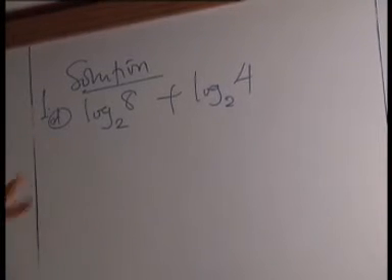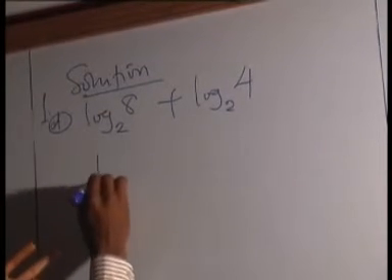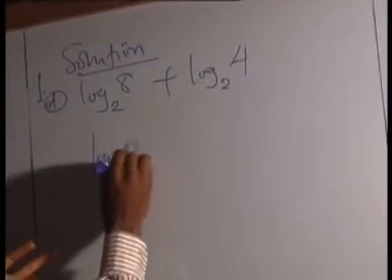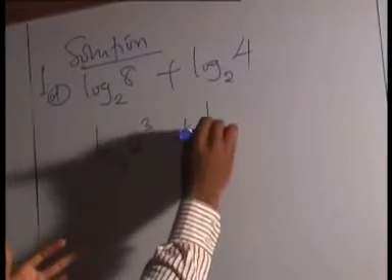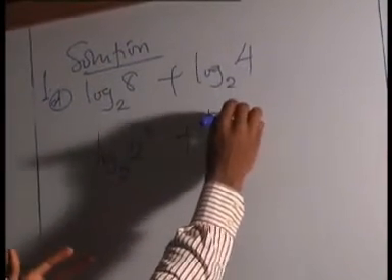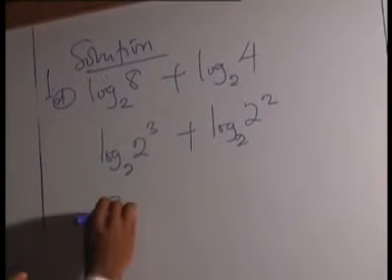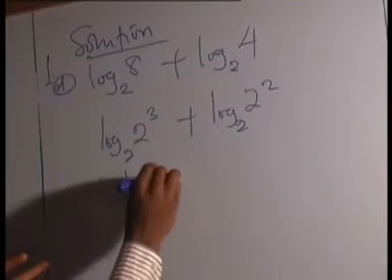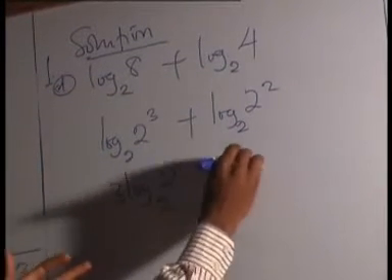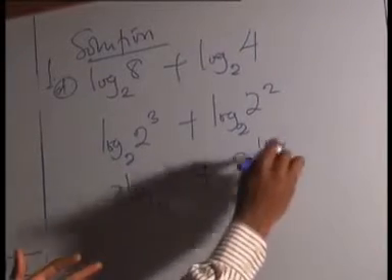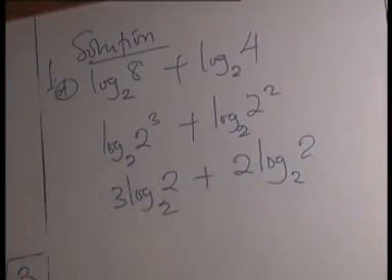If you look at 8, you can simplify it further. 8 is actually 2 raised to power 3. Then 4 is what? 2 raised to the power 2. So this power is going to come here. So we have 3 log 2 base 2 plus 2 log 2 base 2.